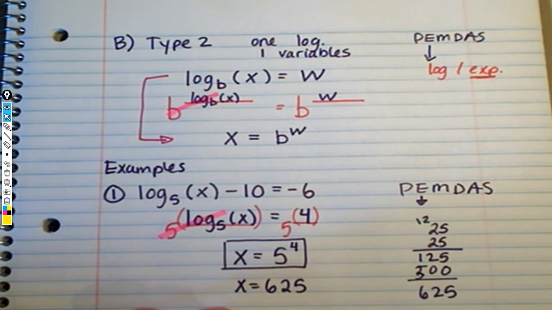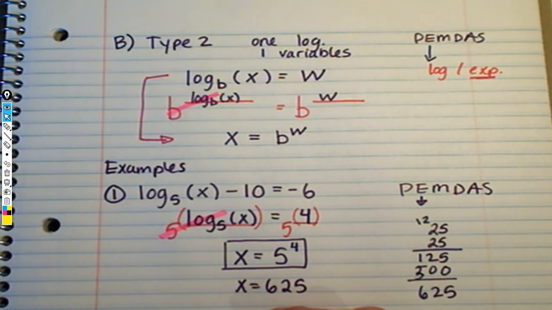All right, so let's do another example here. Natural log of 4x equals 20.